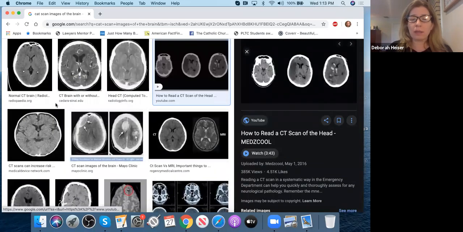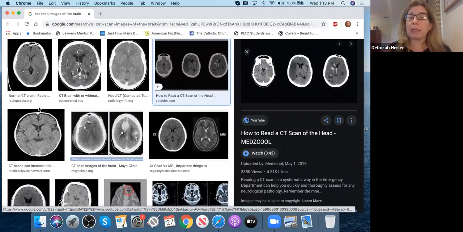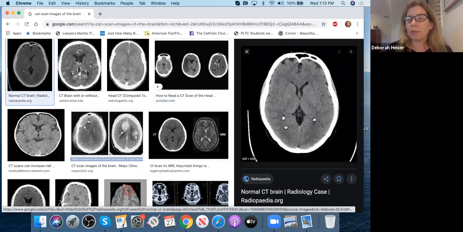These are actual images, and we're able to see inside the skull what's there. Now this is in black and white, and so we're able to see areas of the brain where there are dark structures and things like this. This is a normal CAT scan of the brain. So this is what a normal one would look like.